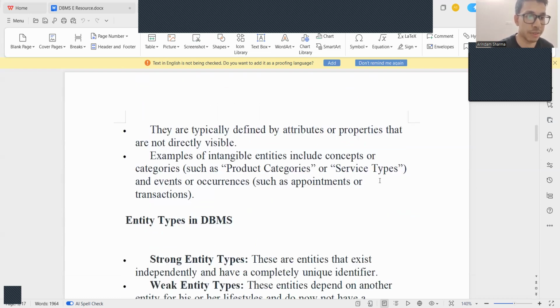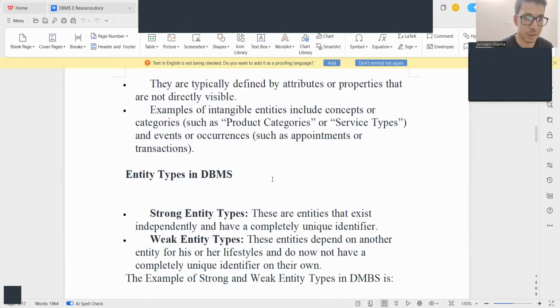They are defined by attributes or properties that are not directly visible. Examples of intangible entities include concepts or categories such as product categories or service types, and events or occurrences such as appointments or transactions. So this is it.